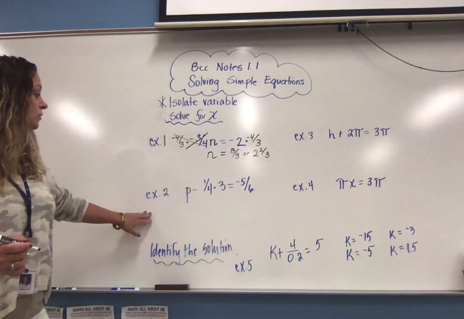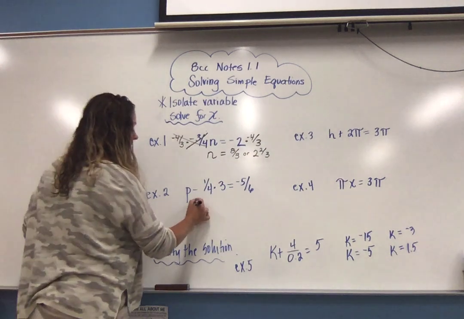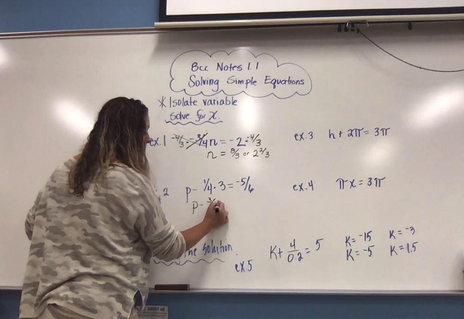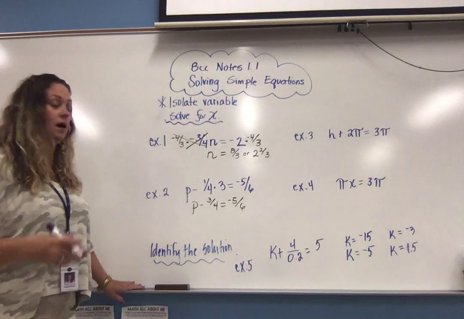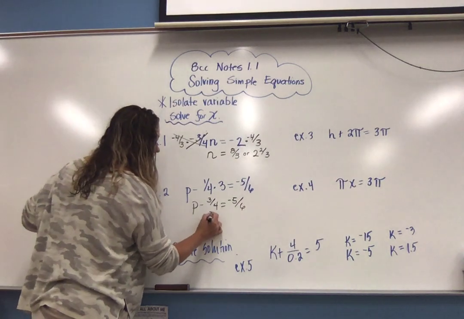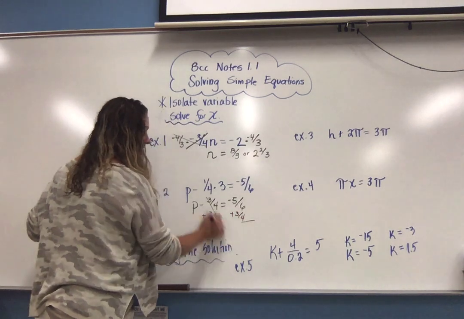In example 2, I've got to combine like terms before I isolate the variable. So 1/4 times 3 is 3/4, and that's equal to negative 5/6. P, negative 3/4 is being subtracted from P, so I'm going to add 3/4 to both sides. When I add fractions, I need a common denominator.